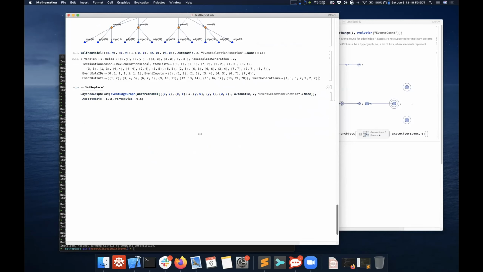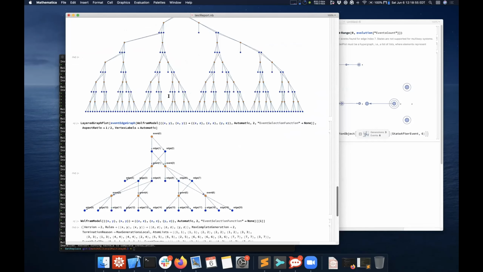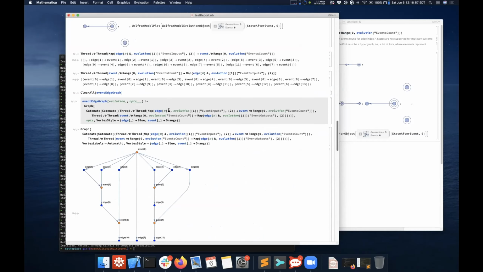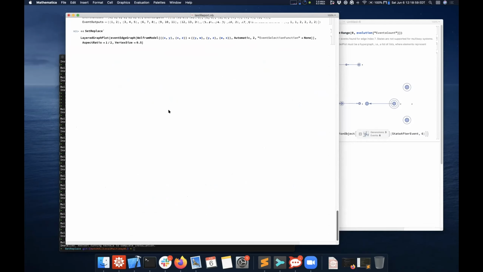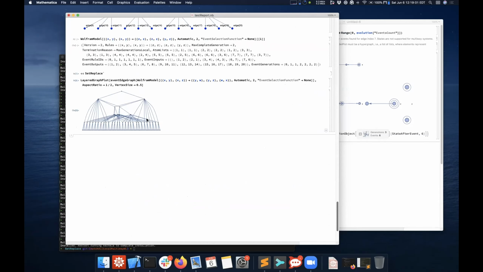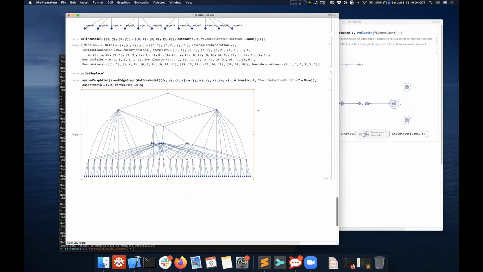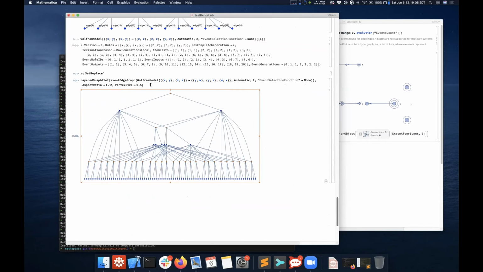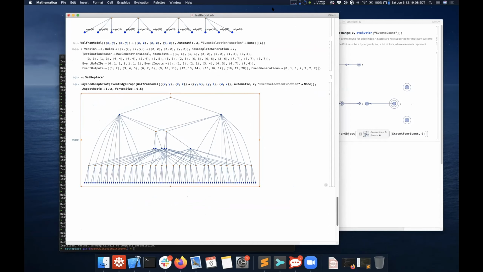Is that it? Huh. Well, 2 steps. Yeah, I understand. Hold on. Okay, could you run that guy just a little bit longer, like 3 steps?